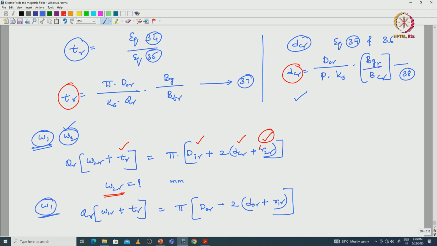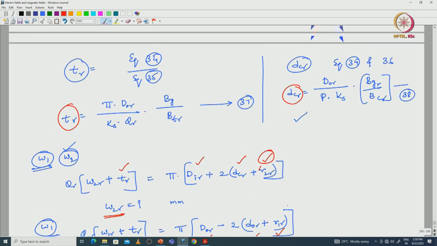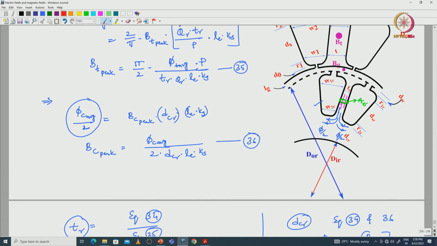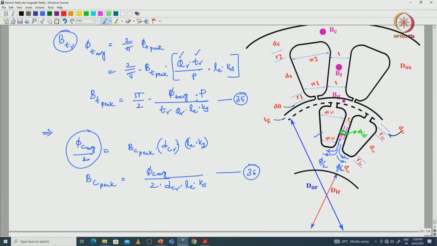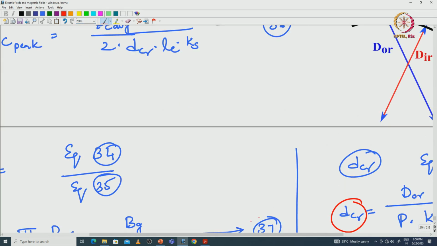Here we know the TR value, d naught r, that is outer diameter of the rotor, and small d naught r is the height of the slot opening, and r1 r is the radius at the top side of the rotor slot. What we have done here is we have calculated the perimeter with respect to the different portions of the rotor slot.